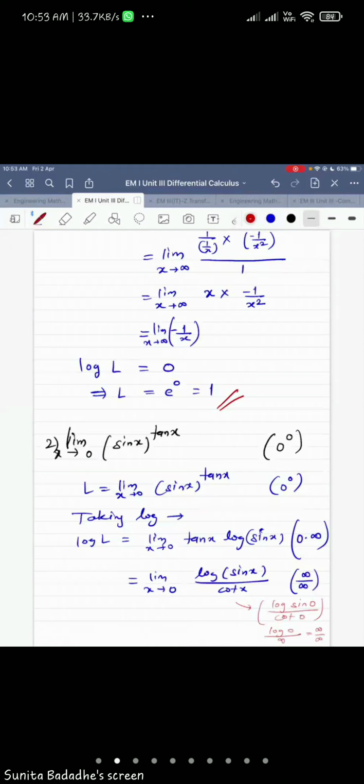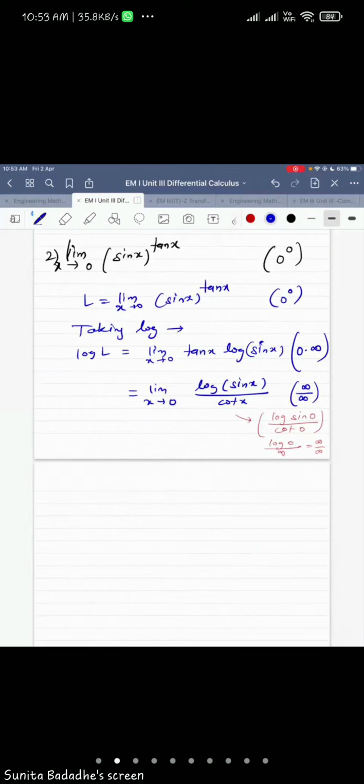Now why cot 0 is infinity? Because tan 0 is 0. Okay. So all these things you must be able to connect. Right. So this gives limit extending to 0. Now apply LHR. So log of sin x is 1 upon sin x into derivative of sin x, that is cos x, and derivative of cot x.